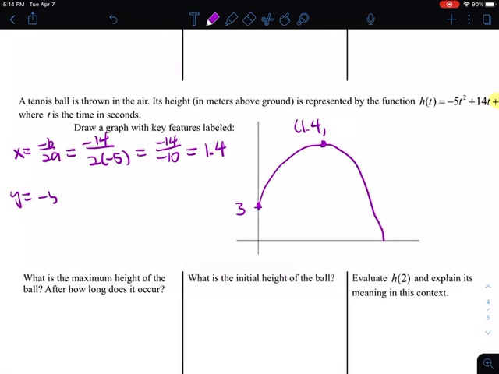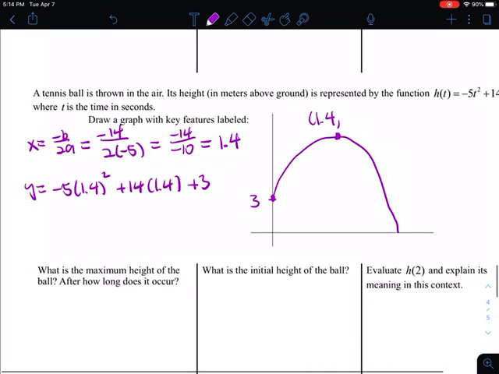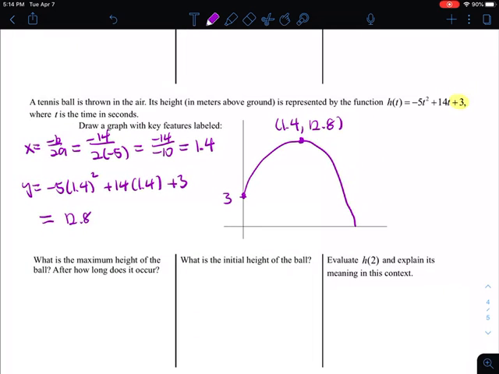And then for the y value, I can go ahead and plug in 1.4 into the equation. Plus 14 times 1.4 plus 3. Now this, I will just use your calculator. So let me go ahead and type that in. Plus 3, I get 12.8. So there is my y value, 12.8.